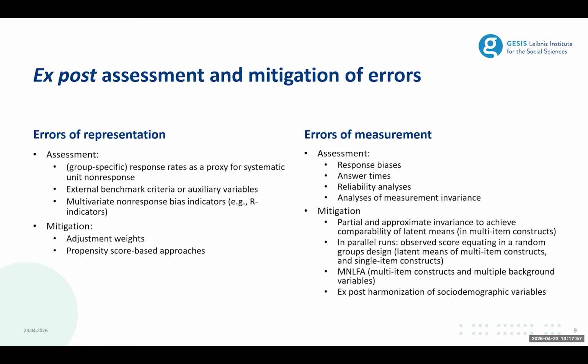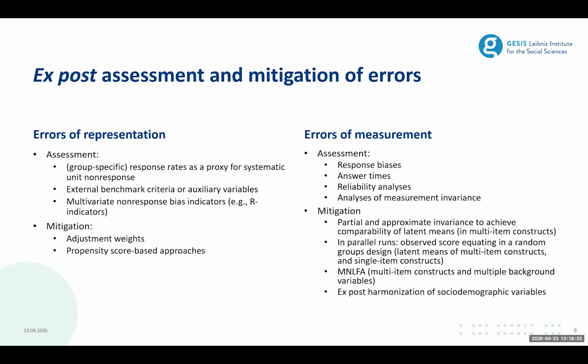Then there are several ways to assess data quality after the data collection phase, and some ways to mitigate those errors ex post. I'm not going to go into detail here, but just to name a few. Regarding errors of representation, one common indicator is just using response rates as a proxy for systematic unit non-response. You can also calculate those indicators for certain groups that are known to be especially underrepresented to get an idea what errors of representation may look like.